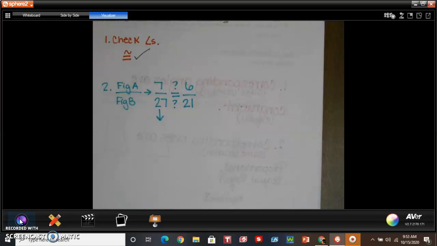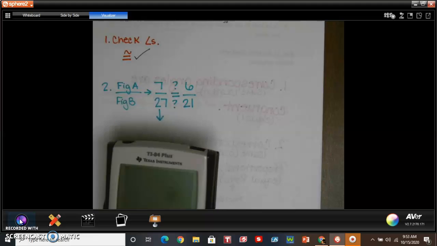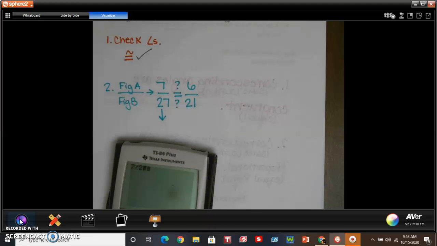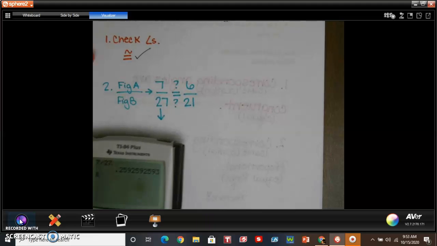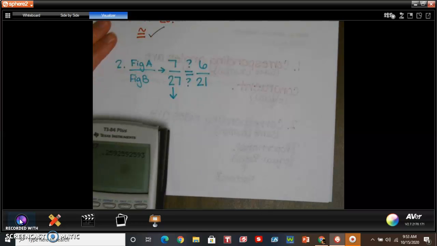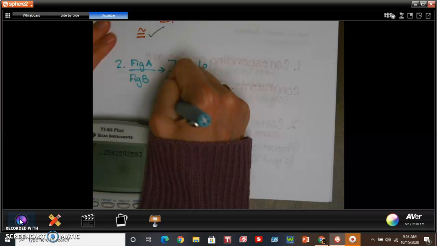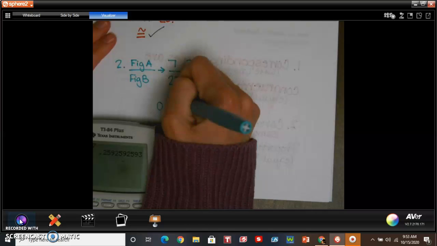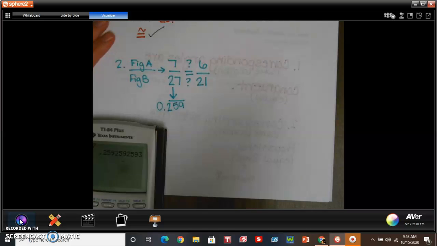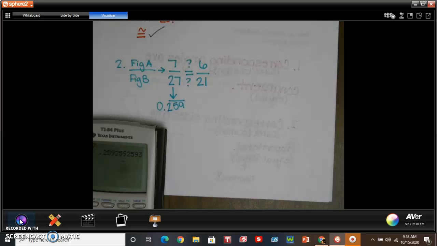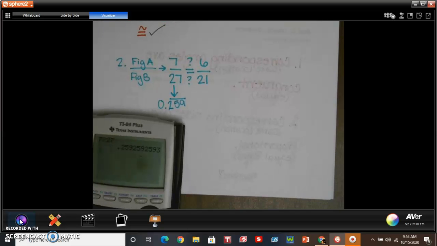So let's take our handy-dandy calculator. And we're going to say, okay, 7 divided by 27. Right, gives us this really long decimal. 0.259, and then eventually 293. Okay? Don't clear it out. Let's see what 6 over 21 gives us.